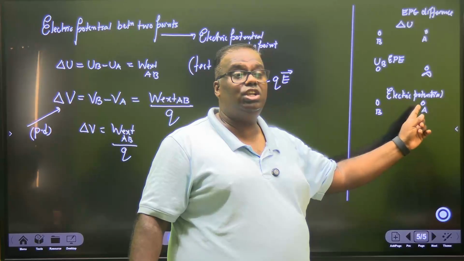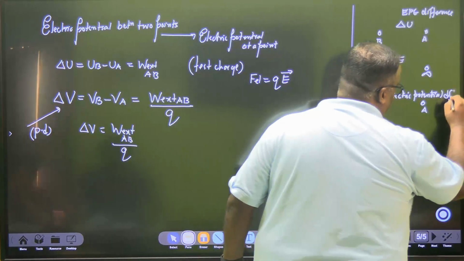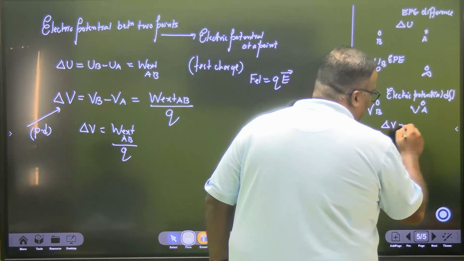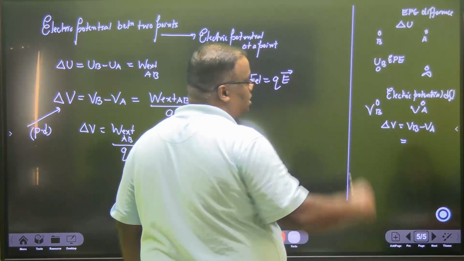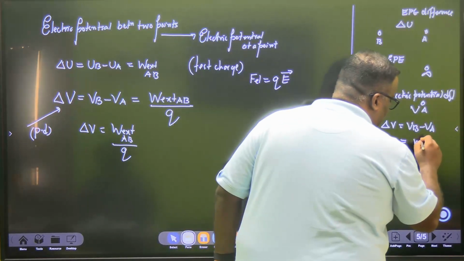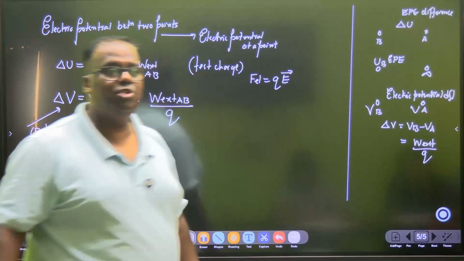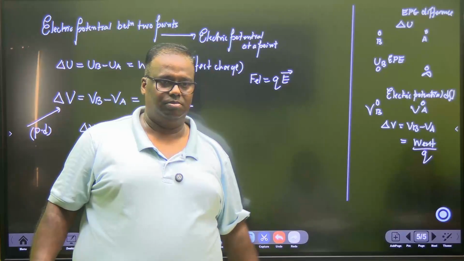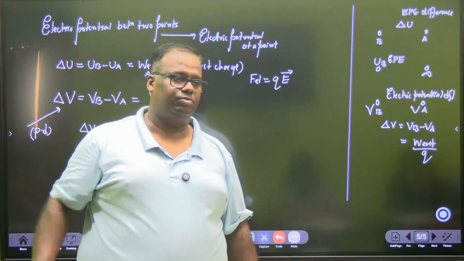Now you are trying to find the electric potential difference. So what are you measuring? You are measuring VB and VA. You are trying to measure delta V, which is VB minus VA. This is equal to the external work done per unit charge that is being moved from A to B. Per unit charge. Is this clear?